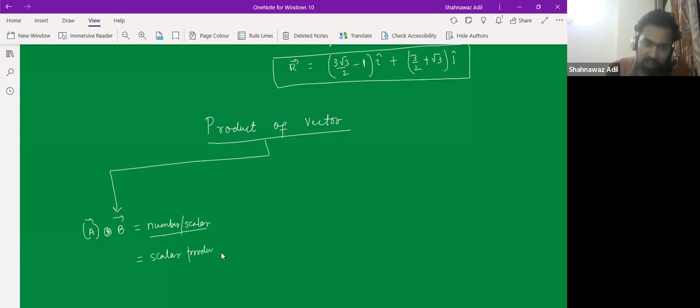This is also called the dot product. This operation is denoted by a dot, so it is generally represented as A dot B.